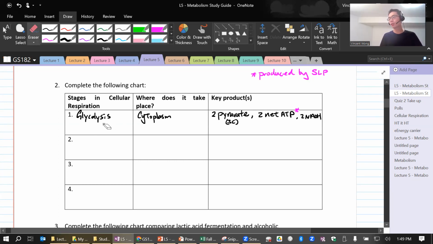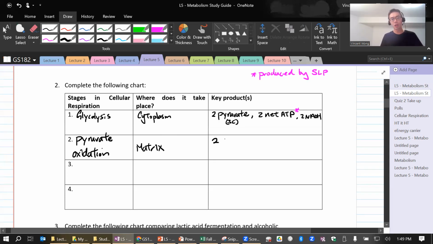Second stage of cellular respiration, pyruvate oxidation. And that happens in the matrix. Right? What do we get?